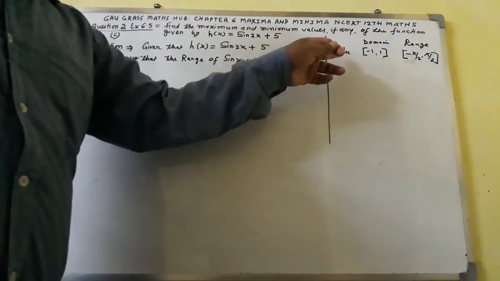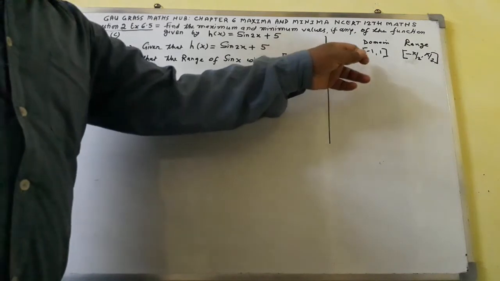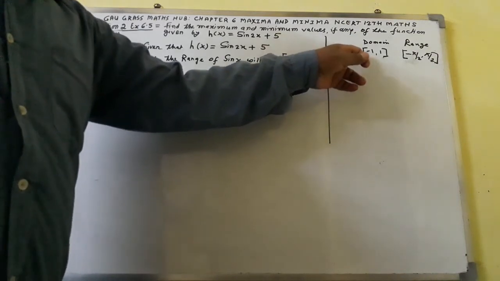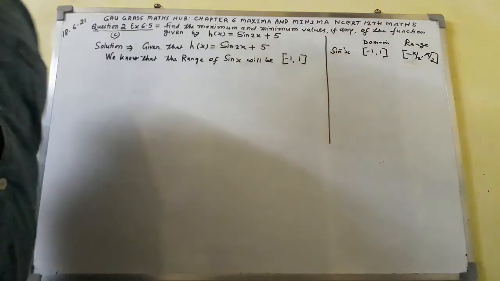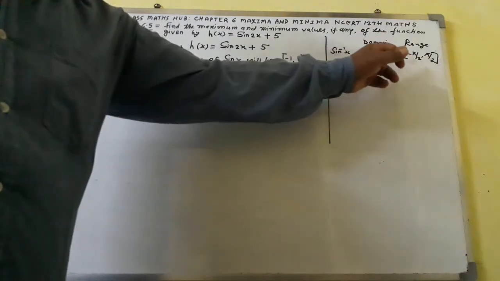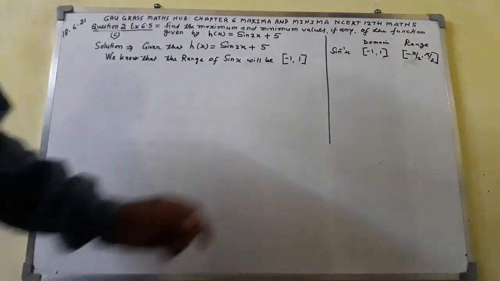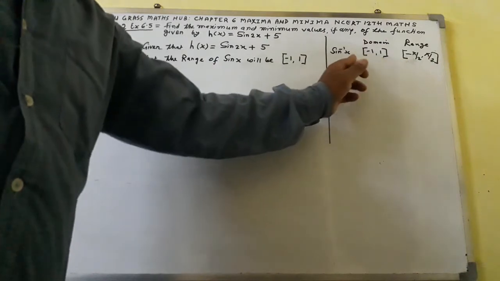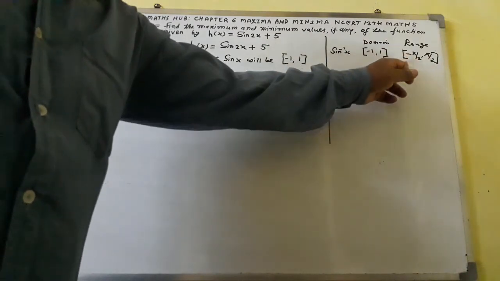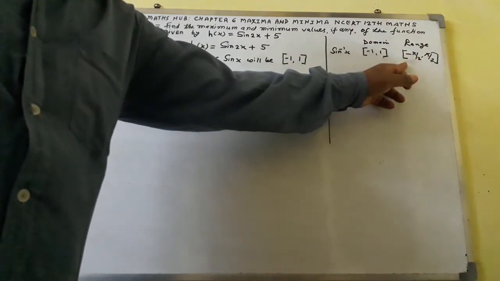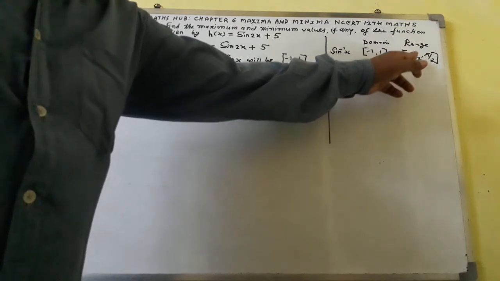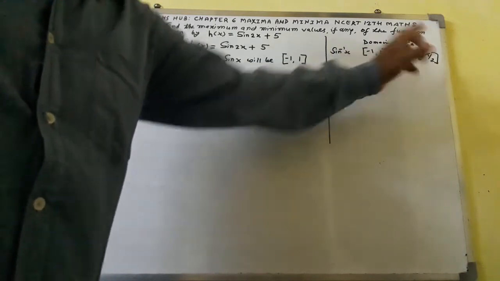The domain of sin inverse x will be the closed interval -1 comma 1, and the range of sin inverse x will be the closed interval -π/2 comma π/2.